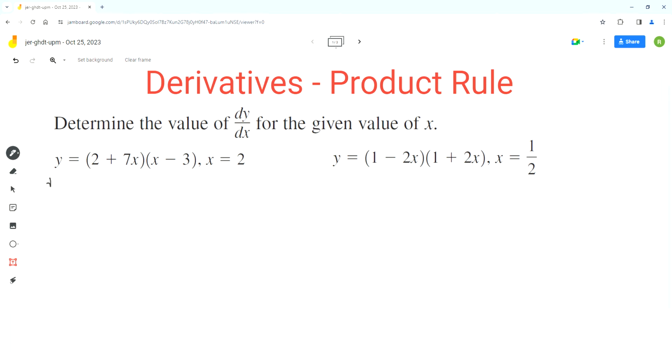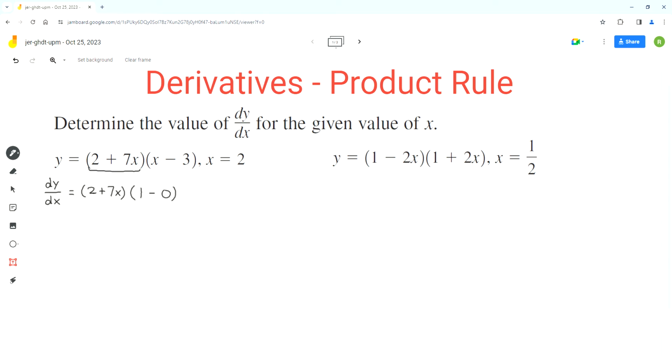So dy over dx is equal to the first function, which is 2 plus 7x, times the derivative of the second function, which will be 1 minus 0.